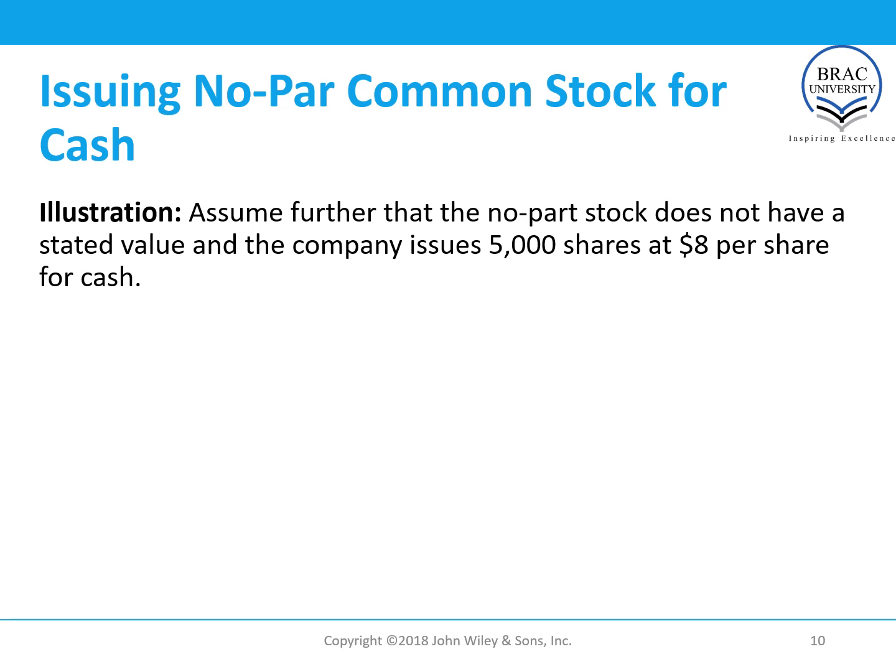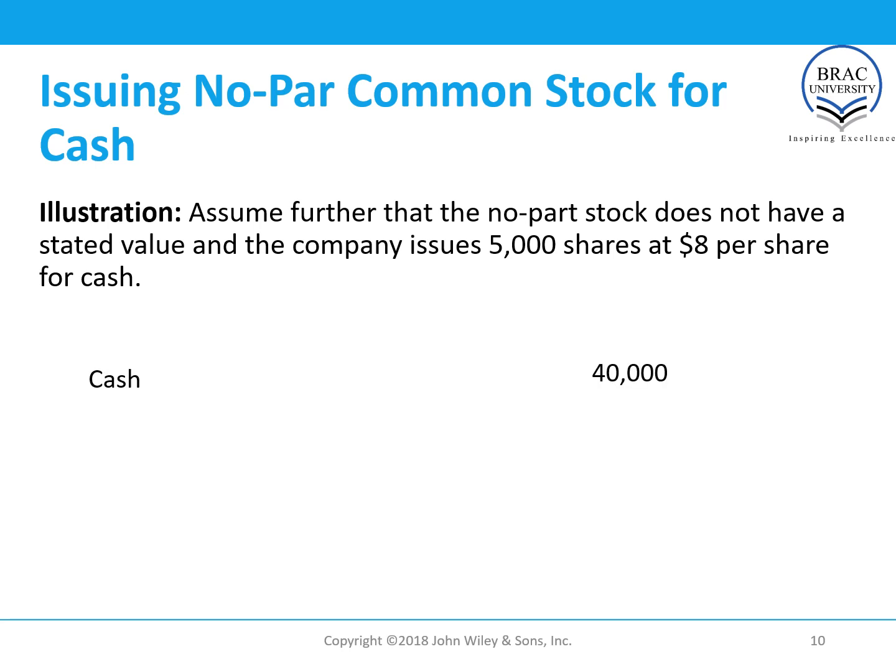Here the entry will be pretty simple, because the company has received $40,000, since it has issued 5,000 shares and each share was issued for $8. So 5,000 multiplied by $8 equals 40,000. So cash should be debited for 40,000.